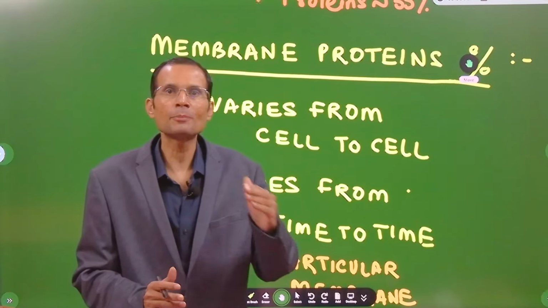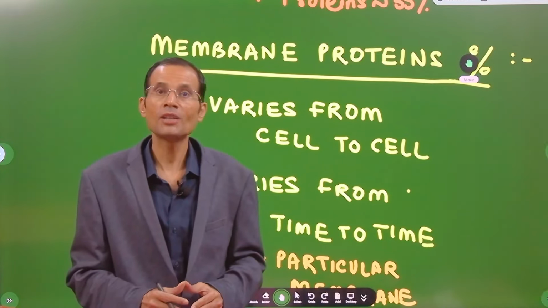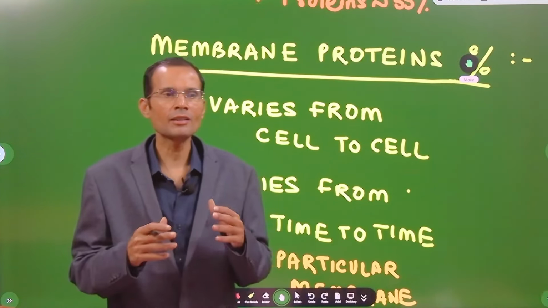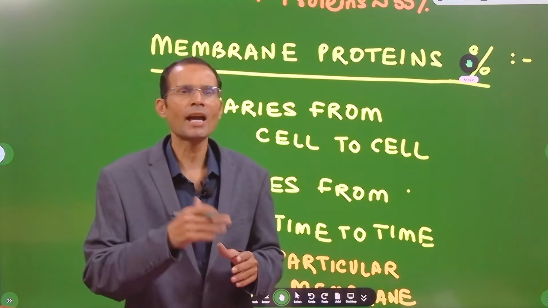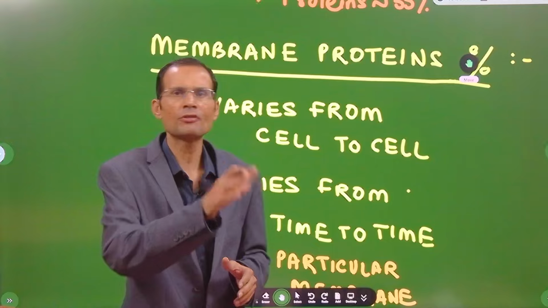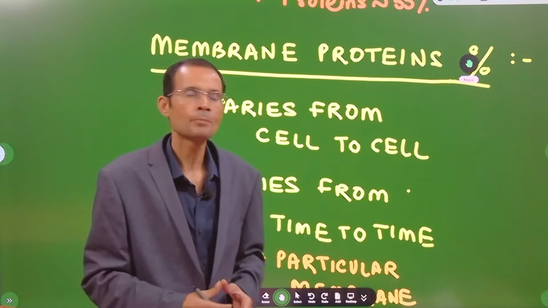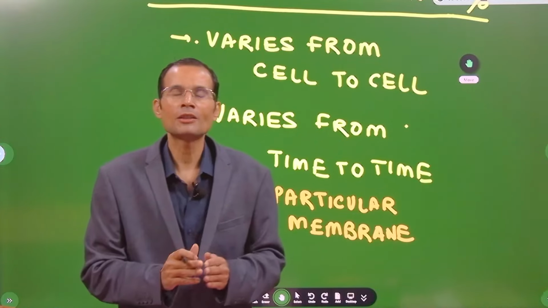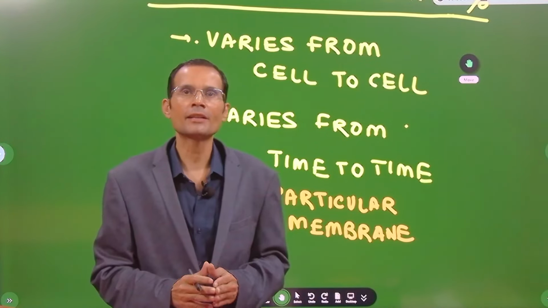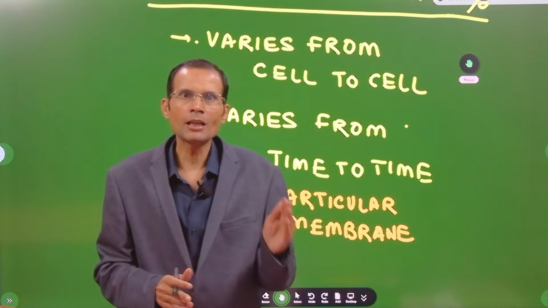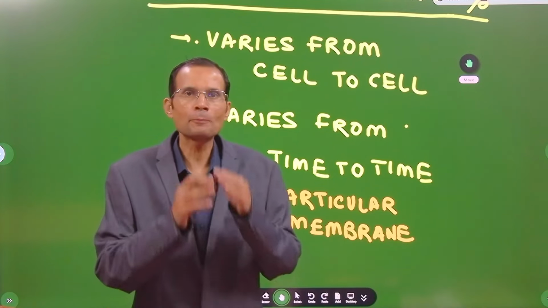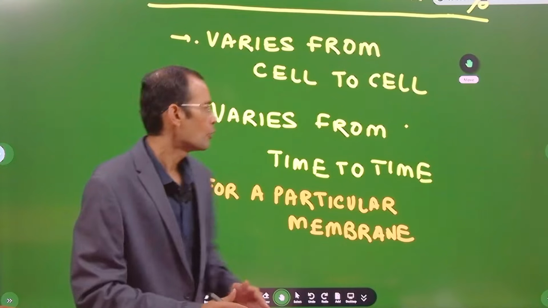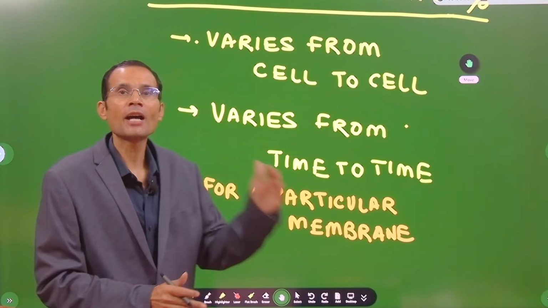It will vary from time to time. Yes, isn't that surprising? Although we have discussed that a typical cell membrane will have a certain amount of protein, let's say 55% area occupied, it's not a fixed ratio or a fixed percent. For any typical membrane also, its protein percentage will vary from time to time.